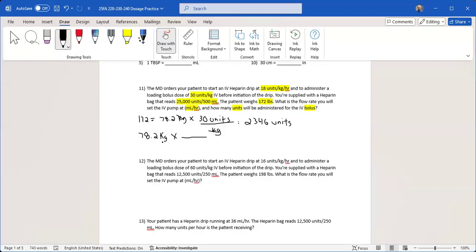Then I'm going to take the patient's weight and multiply it by this 18 units per kilogram per hour. Because again, I'm trying to get rid of the kilograms. So this is 18 units per kilogram per hour.